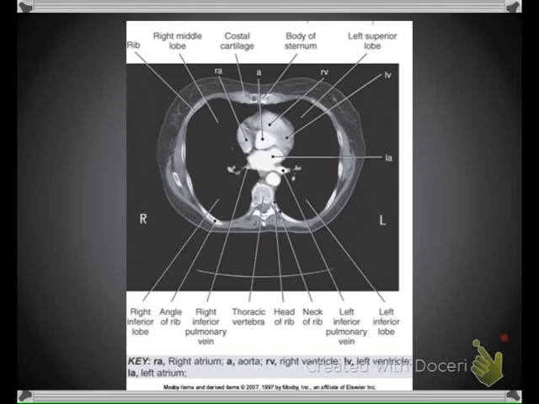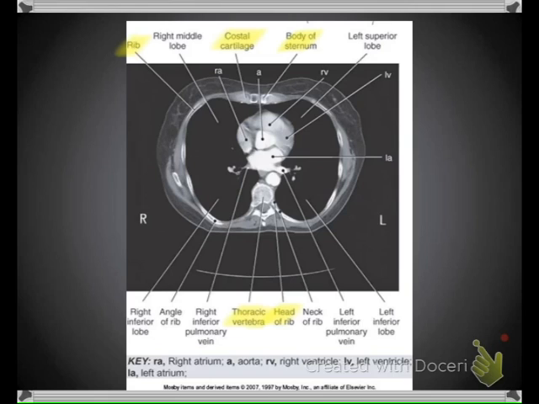But in terms of things that I would like you to know from this image, we do have the obvious. We have the body of the sternum. We have the costal cartilage. And then we do have a rib. And then we have the head of the rib, thoracic vertebrae.